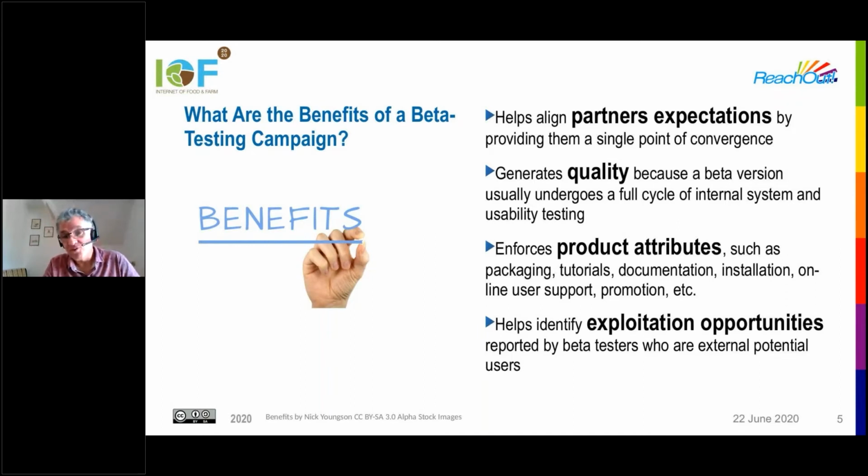And it enforces all of these other product attributes which I was mentioning, such as packaging, documentation, tutorial, installation, support, etc., that you put together with the product that you want your users to test. And finally, the feedback that your beta testers can give you can provide some ideas for future exploitation.